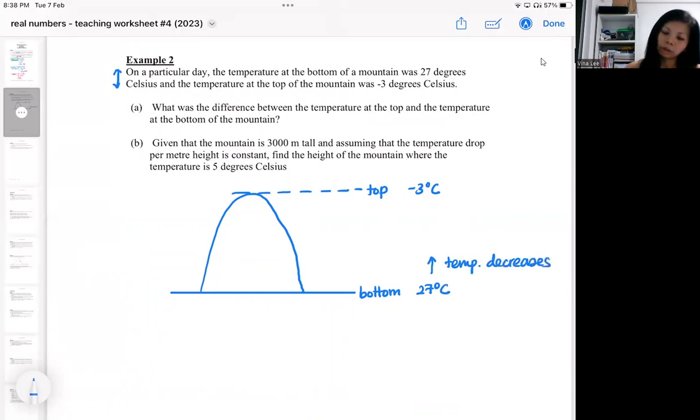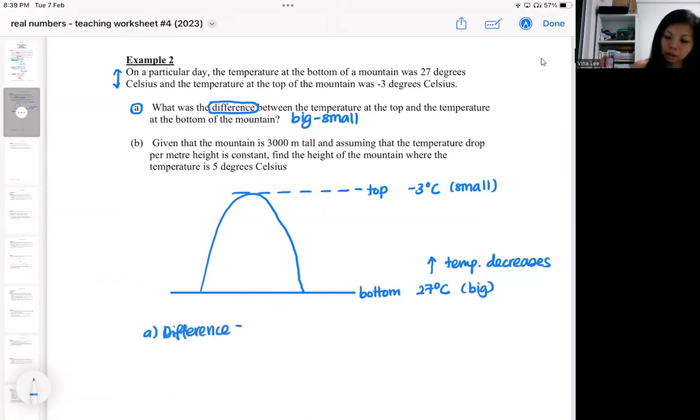The first part is a very simple question. The first part is the difference between the top temperature and the bottom temperature. Like I mentioned in the first example, when you deal with a difference, it's always big minus small. You must be able to tell where is the bigger temperature. This is the big temperature, and this is the smaller temperature. When we try to do the difference, you will say something like 27 degrees subtracting -3 degrees.